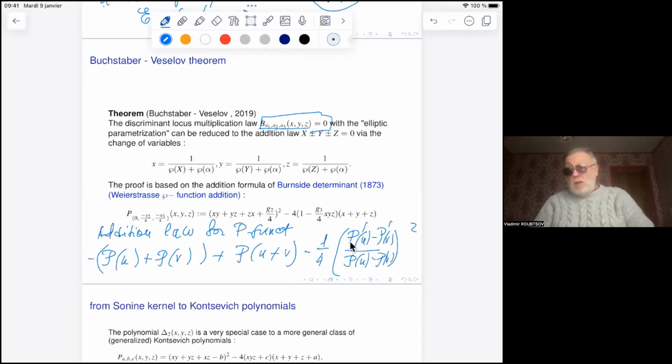I think I wrote it properly. So P at the point u plus v equals the sum of P of u plus P of v, and this term in square.